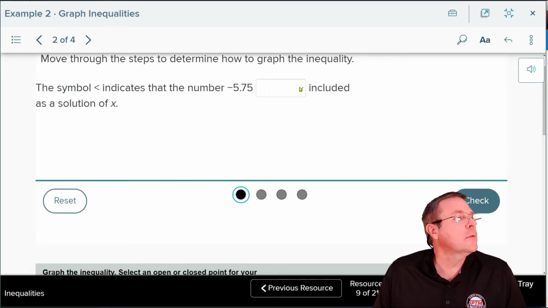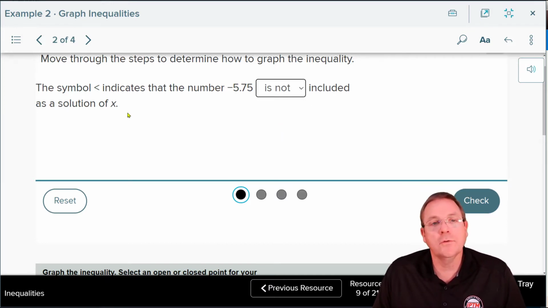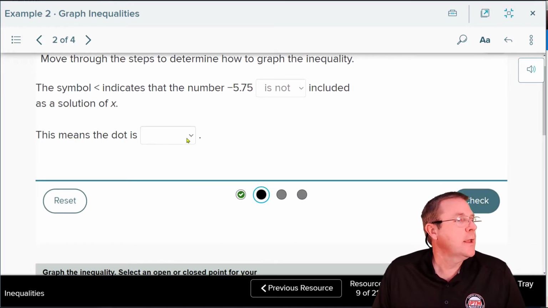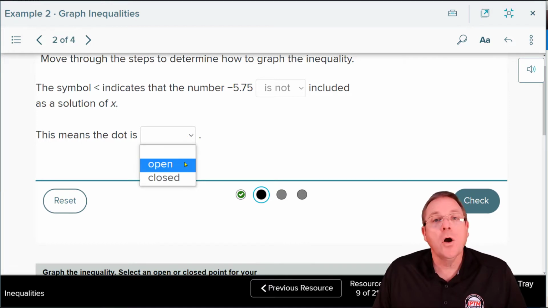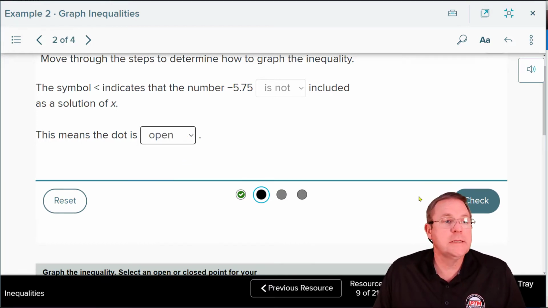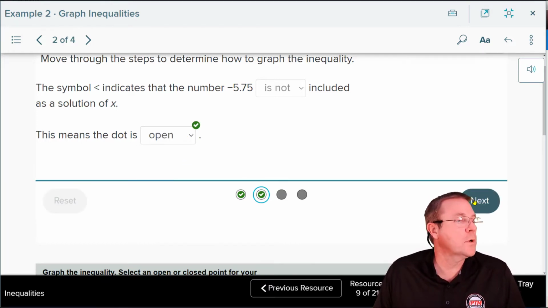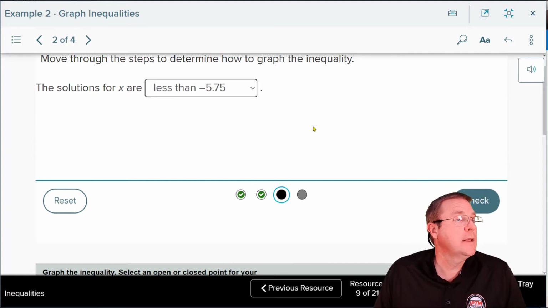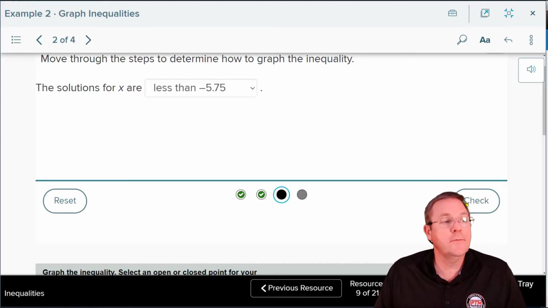The symbol indicates that the negative 5.75 is not going to be included in the solution because it's not an or equal to. So we're going to check that, move on to the next part, and use an open circle because it is not an or equal to. And the solutions are going to be any value that is less than negative 5 75/100.